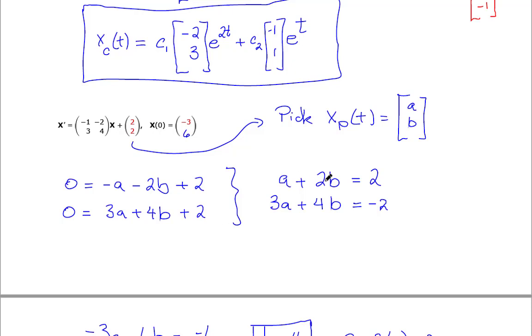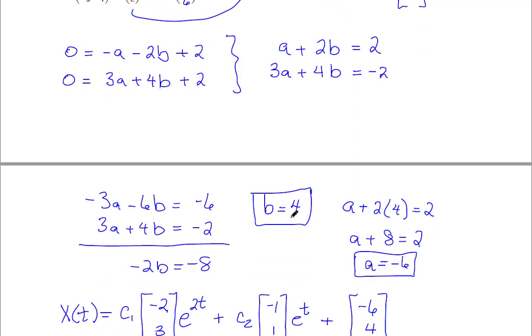And so I get my system of equations to solve for A and B. All right, so I'm going to multiply the top row all the way across by minus 3, add them up. So I get a minus 2b equals minus 8. Or I get b is 4. So plugging this into this equation, I get a plus 2 times 4 is 2. And so I get a is minus 6.